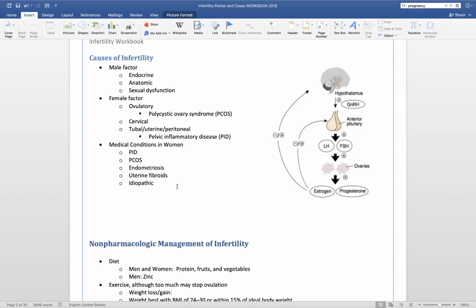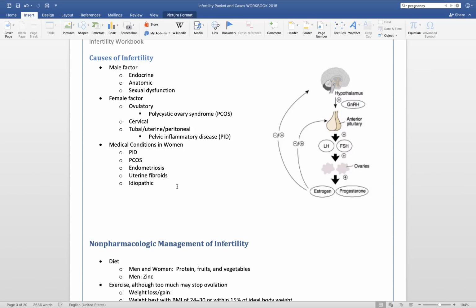Some common ones are listed here. There are male factor and female factor causes of infertility. So endocrine abnormalities, anatomic abnormalities, and sexual dysfunction can lead to male factor infertility. Female factor, there are a number of things that can be evaluated.